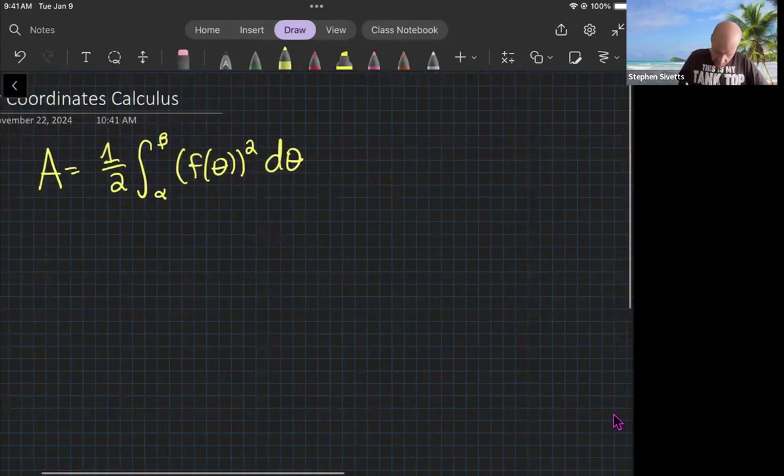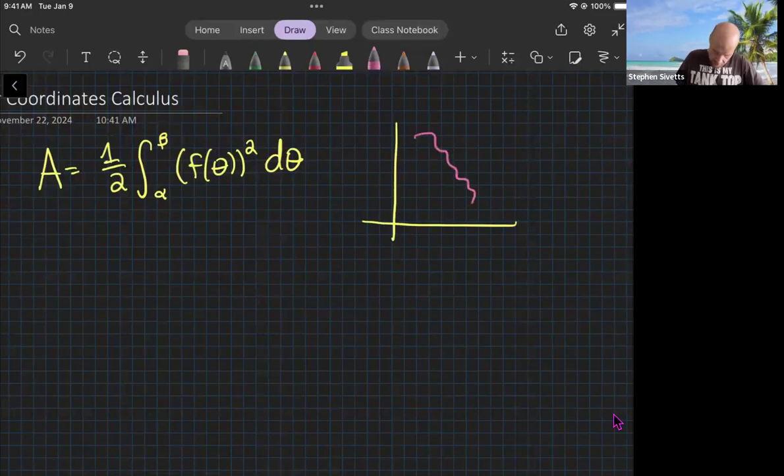And this is where we will have one curve, let's say r, which polar curve is defined by f of theta, right?